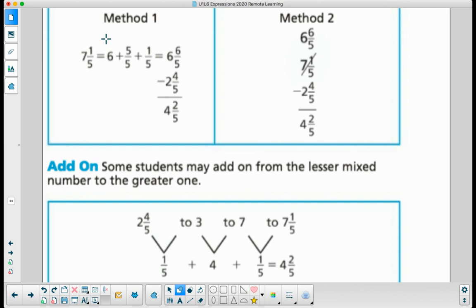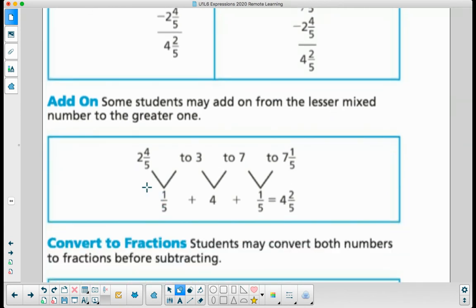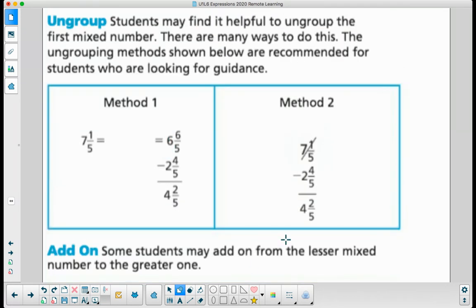So what are they doing here? Let's take a look at it. All right.